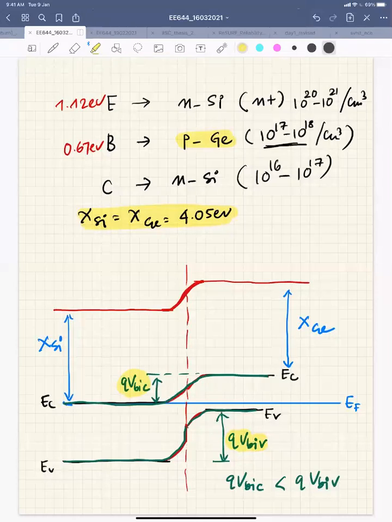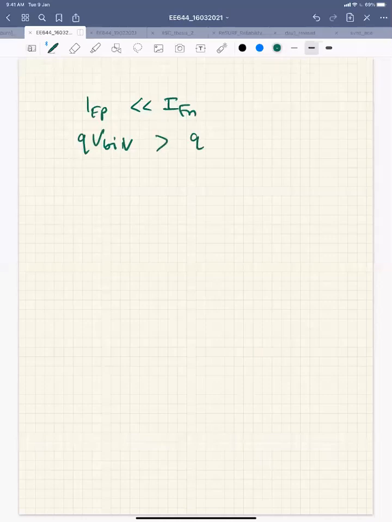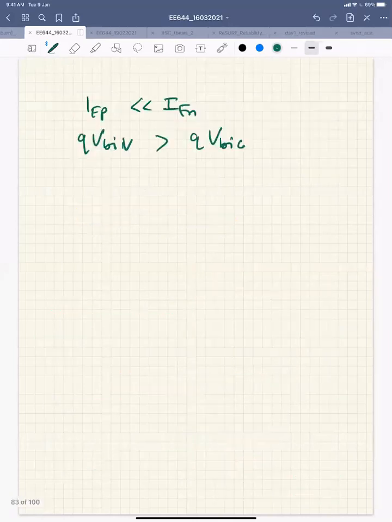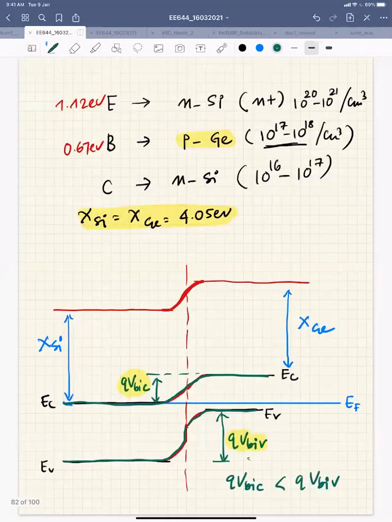So this is one thing. If you do that, your IP will be less than IN, because QVBI in the valence band is greater than QVBI in the conduction band. Since they are different, this difference is nothing but your band gap difference. What is the difference between QVBI C and QVBI B?